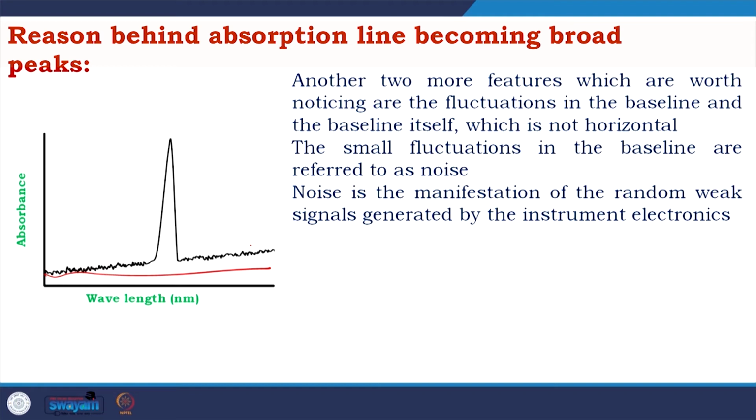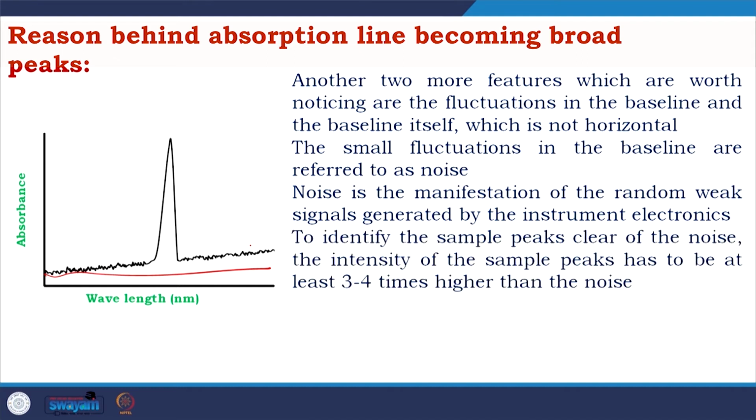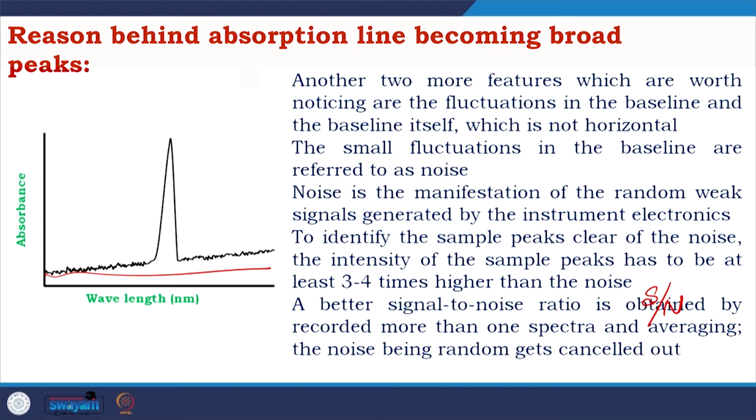Noise is the manifestation of the random weak signals generated by the instrument electronics. To identify the sample peaks clear of the noise, the intensity of the sample peaks has to be at least 3 to 4 times higher than the noise, the signal to noise ratio. A better signal to noise ratio is obtained by recording more than one spectra and averaging. The noise being random gets cancelled out.